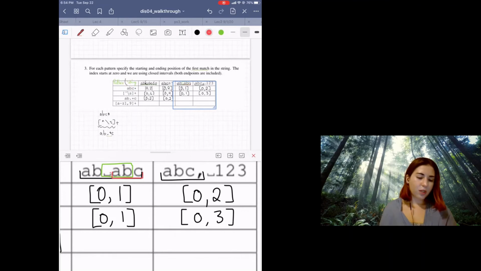So which one do we consider our first match? Well, the one that started first, that we encountered reading from the left first. So in fact, this pattern matches the entire string as our first match. So we go 0, 1, 2, 3, 4, 5.